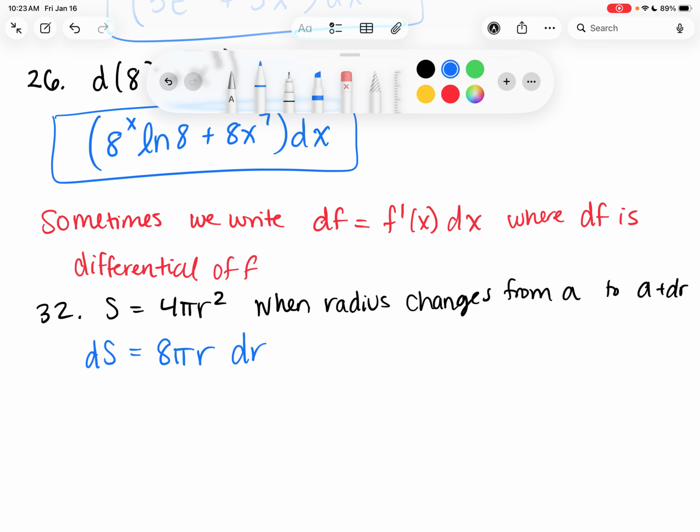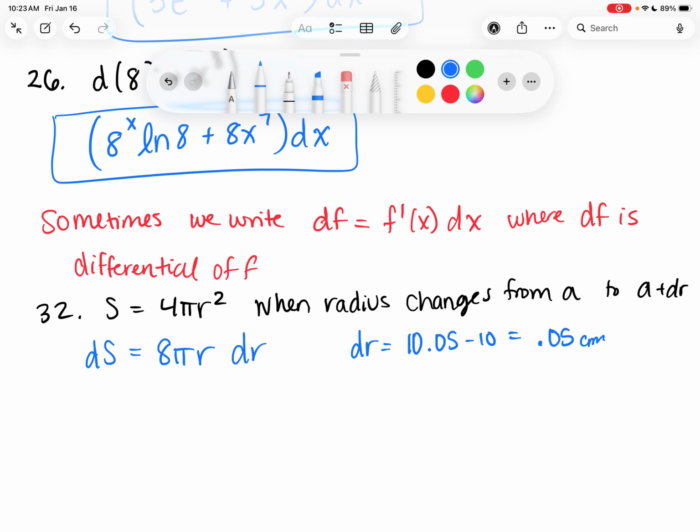It's almost like when we did the implicit differentiation where it was like y prime. That's kind of what this is. So then now dr is 10.05 minus 10, which is the 0.05. I probably won't show that step in the remaining problems because they all use the same dr value because of the instructions.